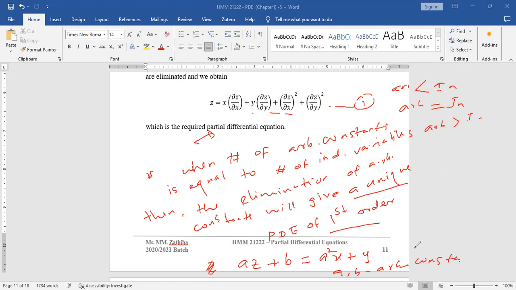Our meeting will finish within 10 minutes, so we can join again. Try this example: az plus b is equal to a squared x plus y, and send me your answers in the chat.